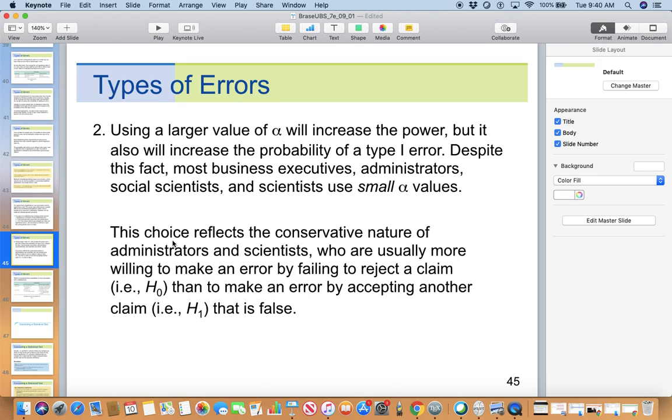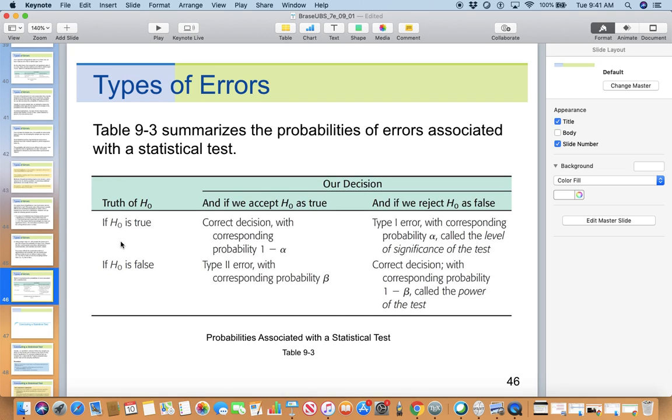This choice reflects the conservative nature of administrators and scientists, who are usually more willing to make an error by failing to reject a claim than to make an error by accepting another claim. Okay? All right.